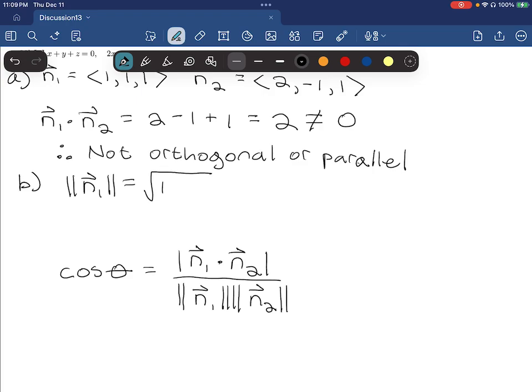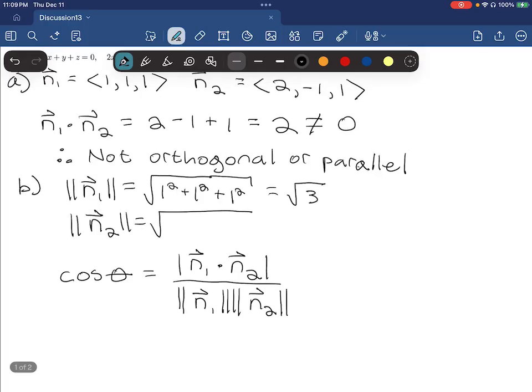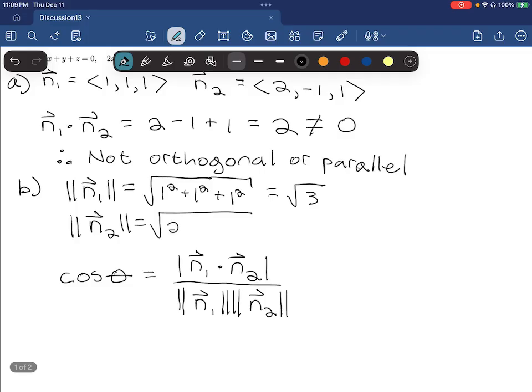All right, so this one's 1 squared plus 1 squared plus 1 squared, which is just radical 3. And the second normal vector, 2 squared plus negative 1 squared plus 1 squared, 4, 5, 6.